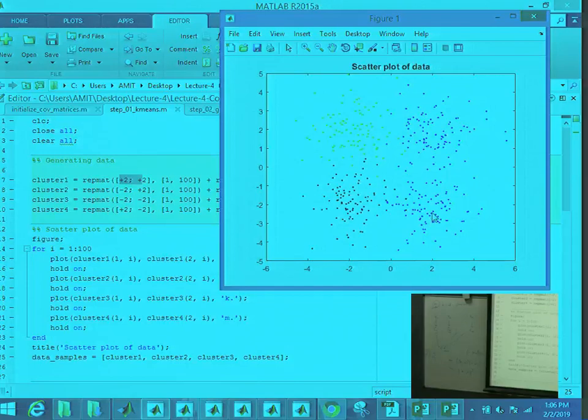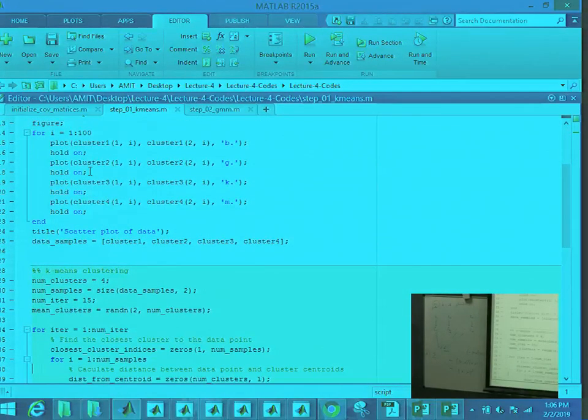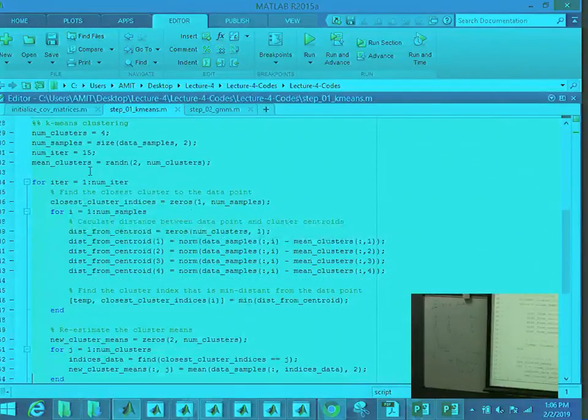We have to do k-means clustering on this. Here I am just plotting the scatter plot once, and this is the main procedure.